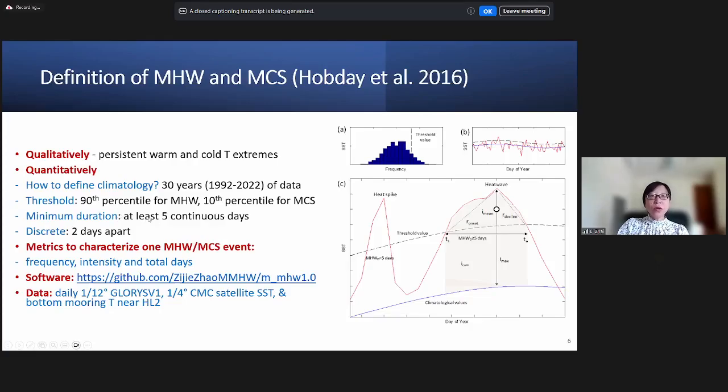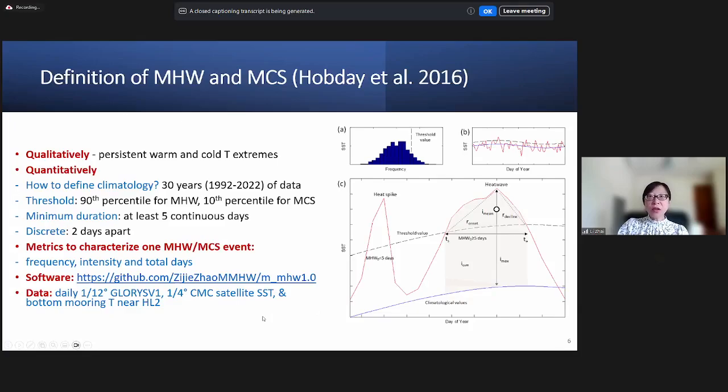The extreme events have to last for at least 5 days, and 2 extreme events need to be at least 2 days apart. Later on, I'll show you some metrics to characterize those extreme events, including frequency, mean intensity, and total days. Here we're using a MATLAB-based tool to detect extreme temperature events.